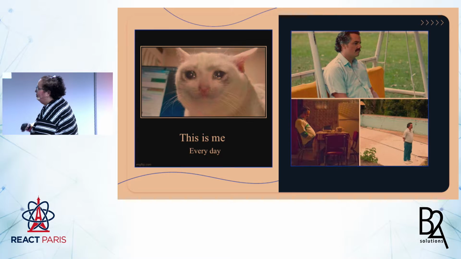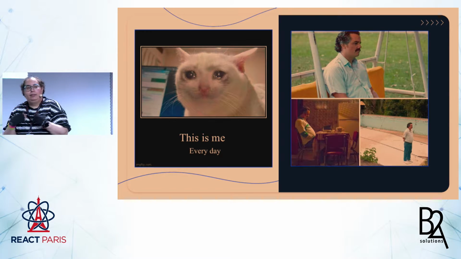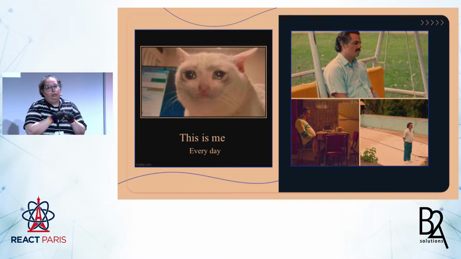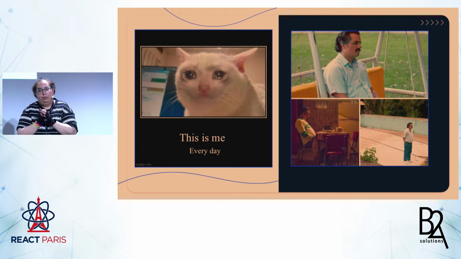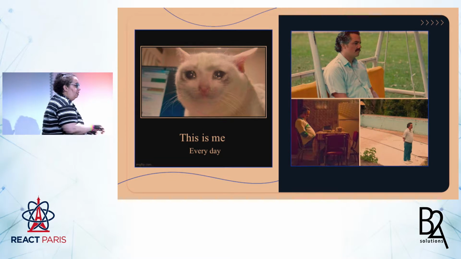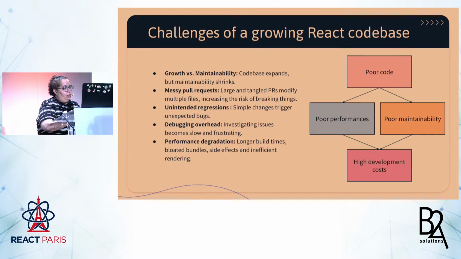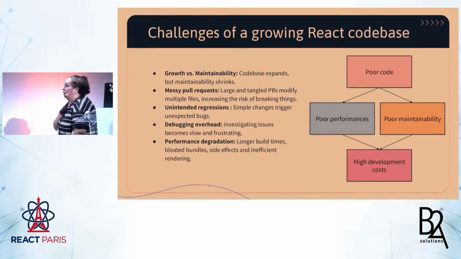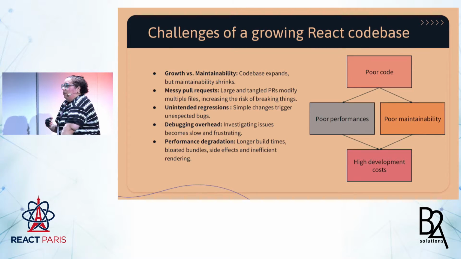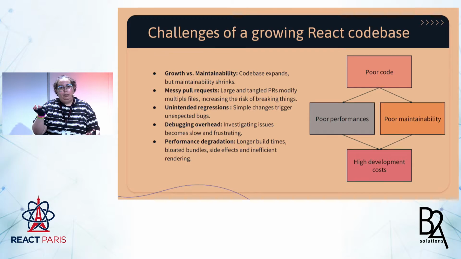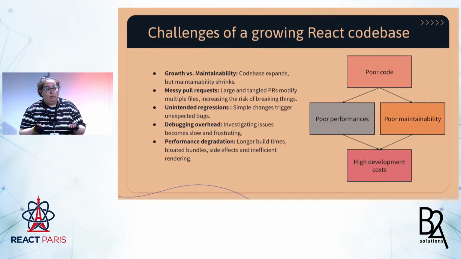And each time I encounter an issue, I try to find an efficient solution to not encounter the same issue again over time. And that's why, if we resume the challenge of a growing React code base, we will be split between maintainability and the growing code base.